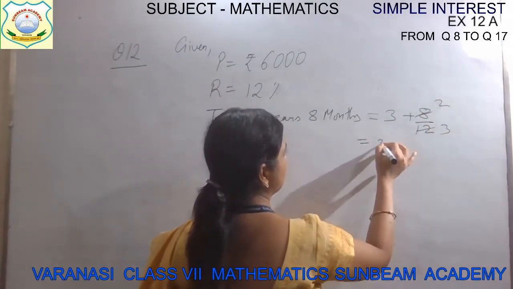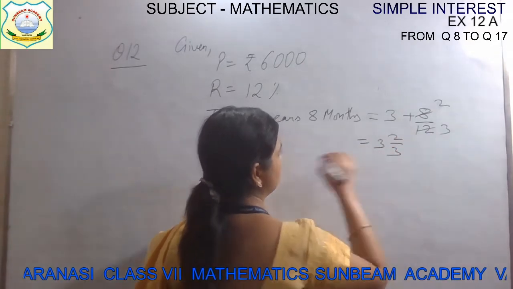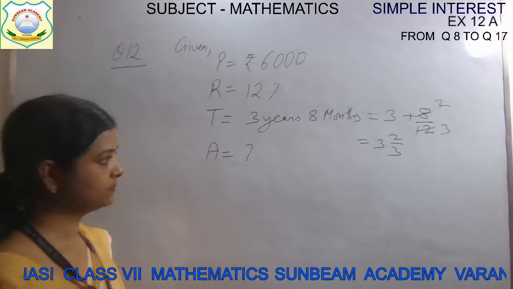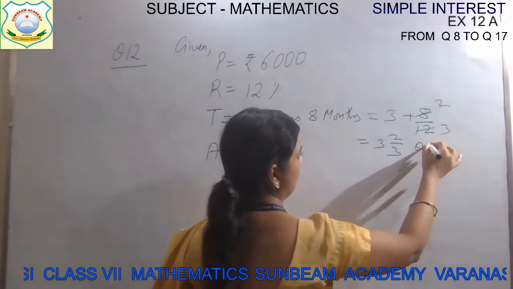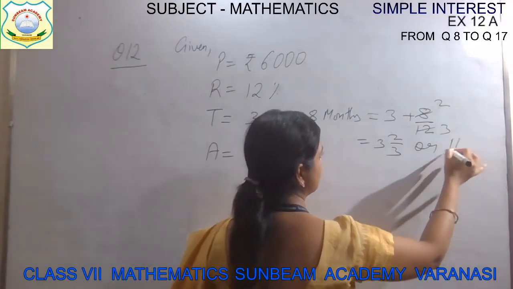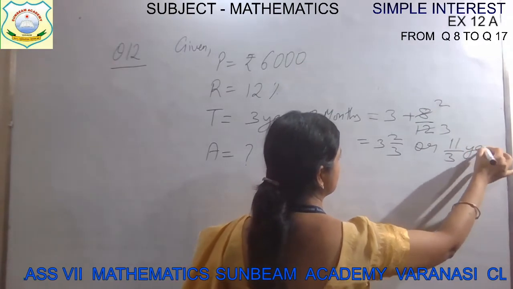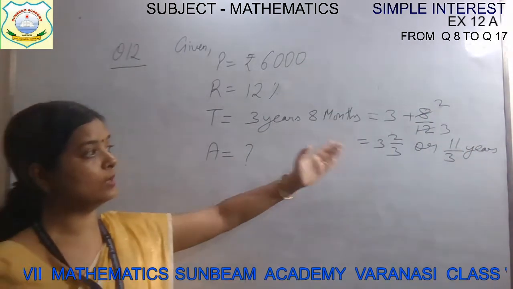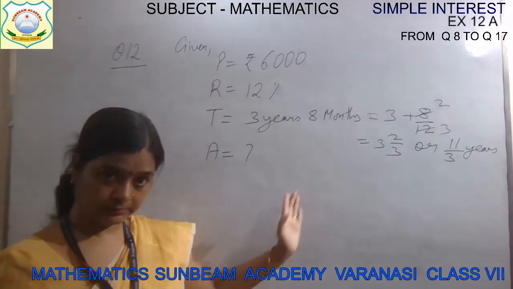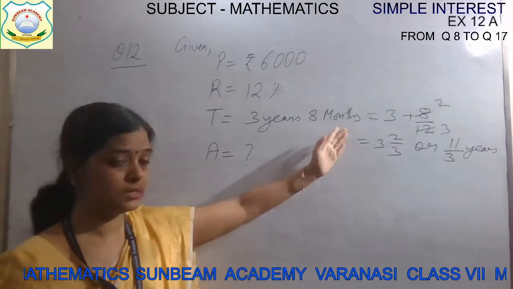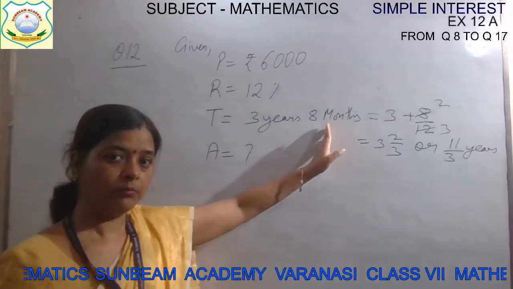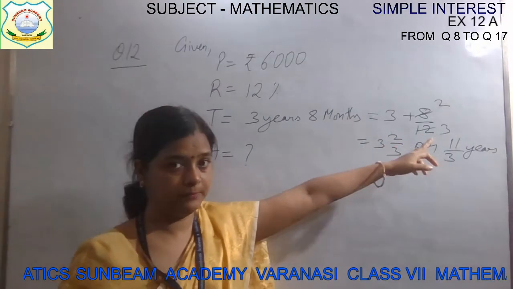This will be 3 whole 2 by 3 years, or 3 threes are 9 and 2, 11 by 3 years. So children, always simplify whatever you have to put in the formulas. Convert the month into year by dividing the month by 12.